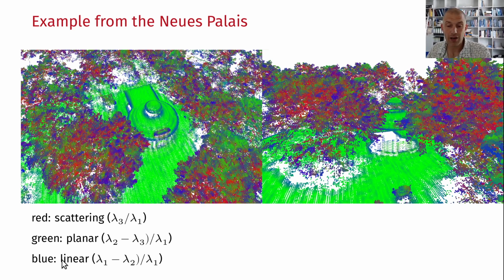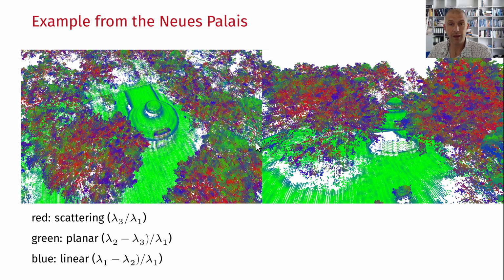And then we can also identify and distinguish linear features. Linear features are something where we have stick-like patterns. These are partly identified in trees. For example, branches or trunks could be typical linear or stick-like features, but also parts of specific architectural features can be linear features.